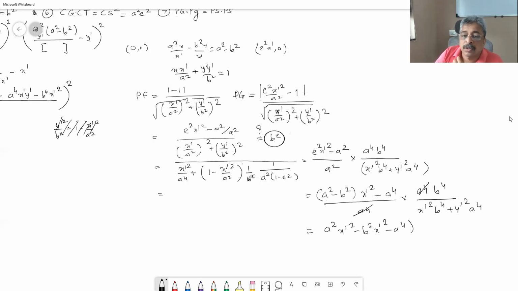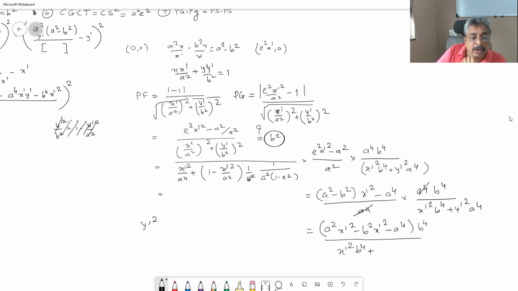Sir, we tried to remove y by using 1 by a square. Yes, that I am going to do now. So up to this point, it is correct. This is multiplied by b fourth divided by x dash square b fourth plus, now let me write down y dash separately.